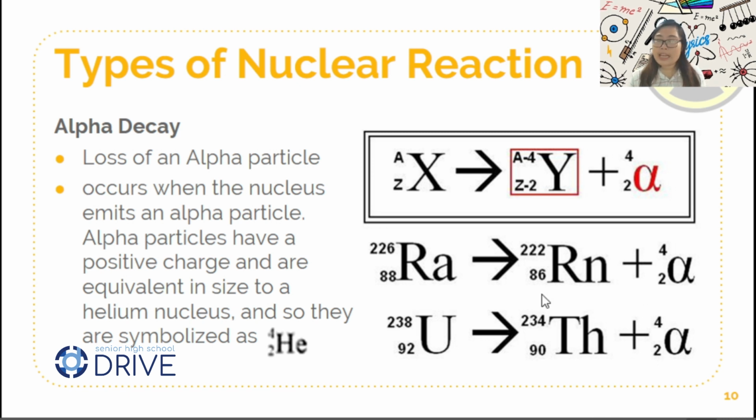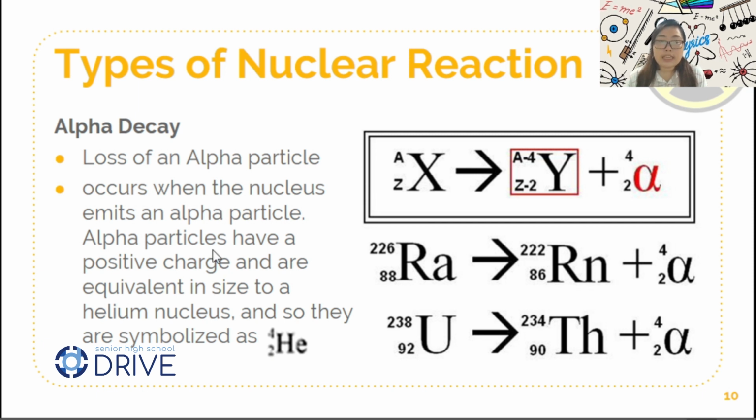Whenever we say alpha decay, there is the emission of an alpha particle, meaning that the product is a new element plus an alpha particle. Again, an alpha particle is similar to a helium-4 nucleus, only this one doesn't have any electrons. This happens when the nucleus emits an alpha particle.